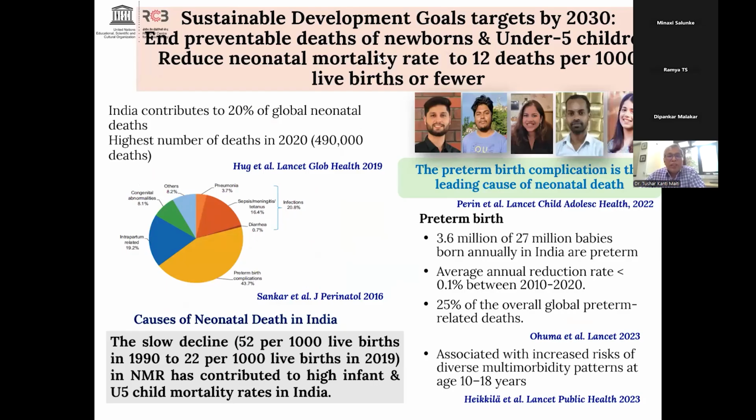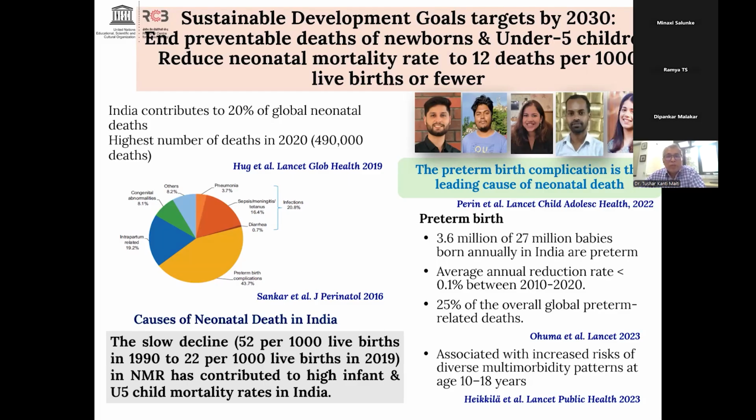Why are we studying pregnancy complications associated with preterm birth? Because of the sustainable development goal targets for 2030: preventing the death of newborns and children under 5, and reducing the mortality rate to 12 deaths per 1,000 live births or fewer.